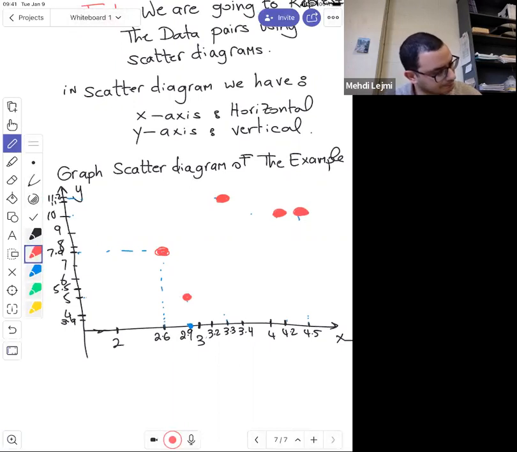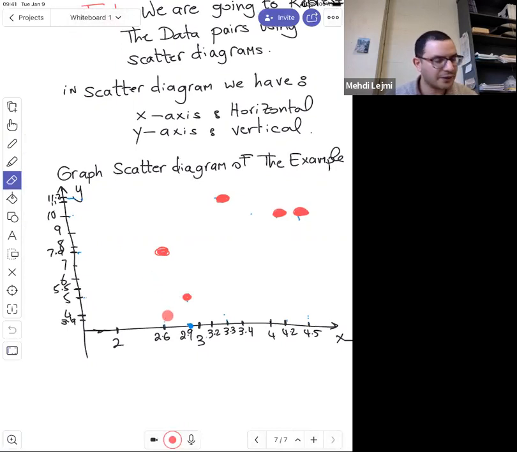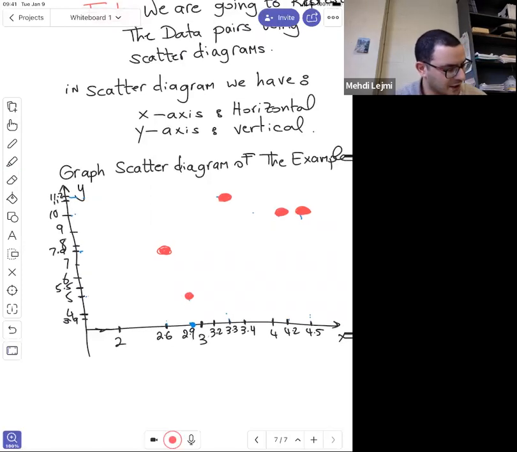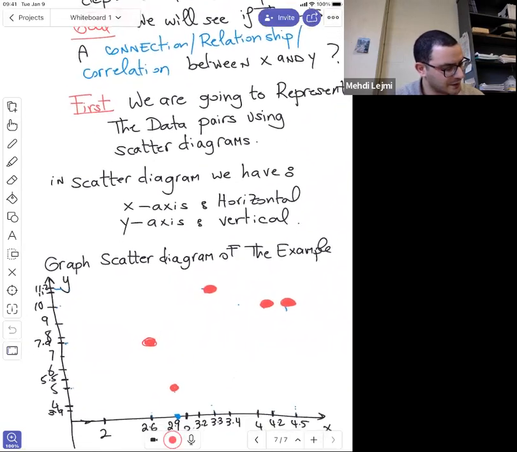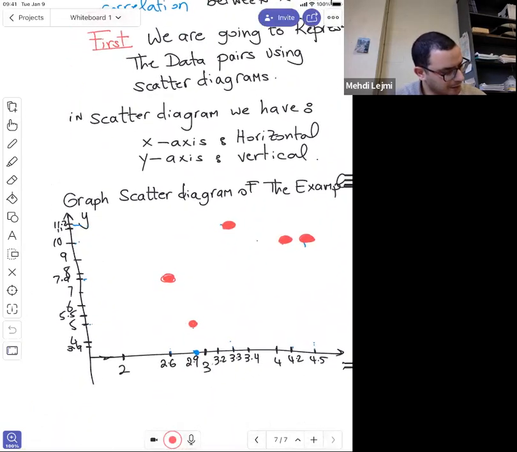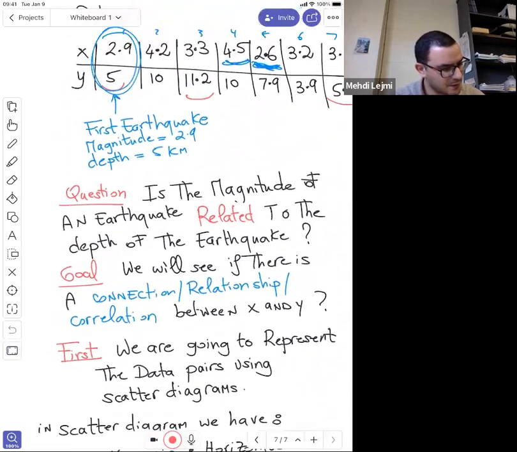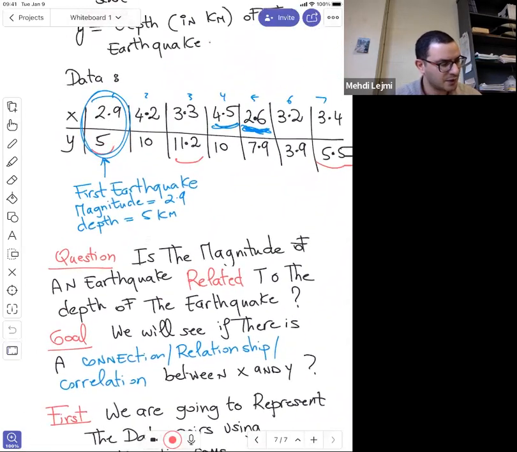Then, the idea, guys, is that we're going to use this scatter diagram to see if there is a sort of relationship between X and Y. I'm going to explain the possible connection between X and Y in a minute using this scatter diagram. So we're going to use this to try to guess if there is any connection between X and Y.